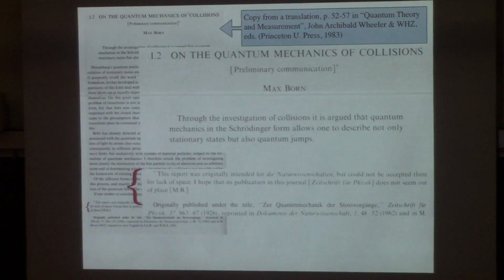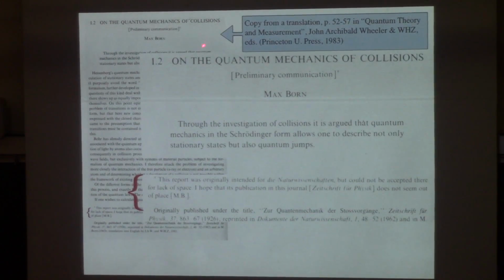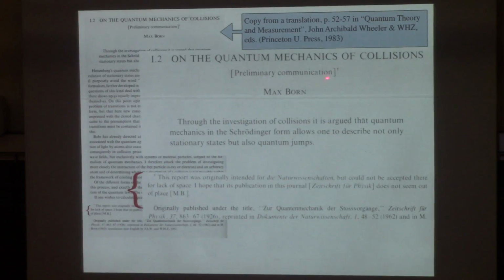The paper of Max Born appeared in 1926, and this is a copy from the translation. There is a footnote right on page 1. By the way, he was considering collisions.